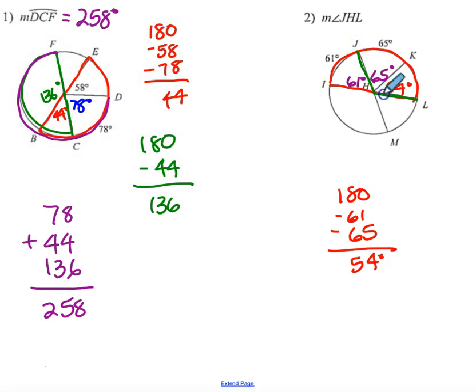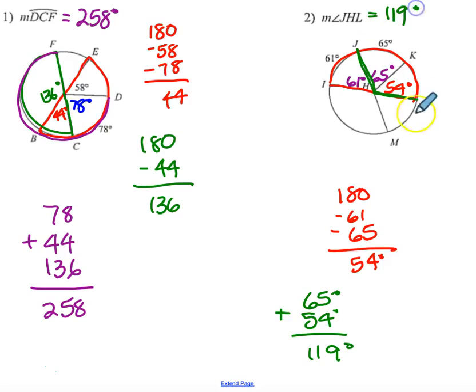By angle addition, I can just add the 65 and the 54 degrees. 65 plus 54 is 119 degrees. So angle JHL is 119 degrees.